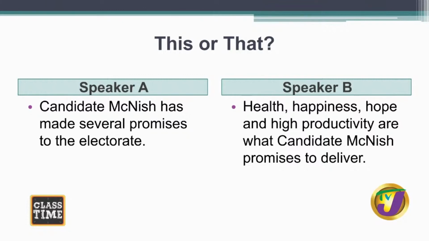So this speaker has chosen to use alliteration to list out the things that the candidate will do. And if you think carefully about it, it helps you to remember what this candidate has promised you. So candidate McNish made several promises. And what were those promises? Health, happiness, hope, high productivity.